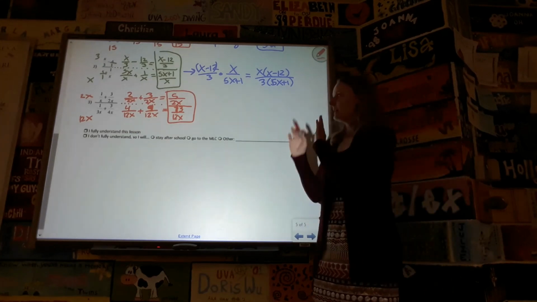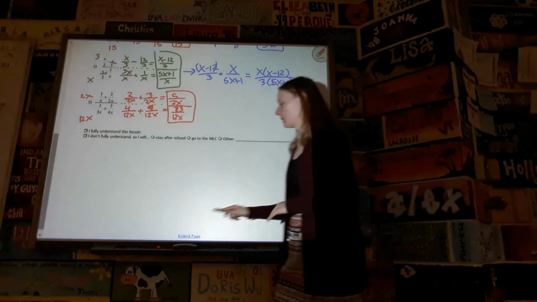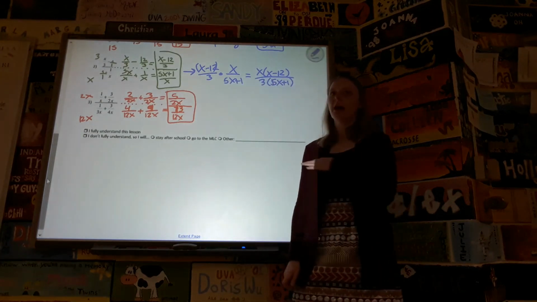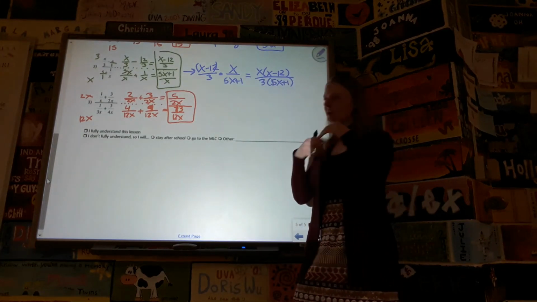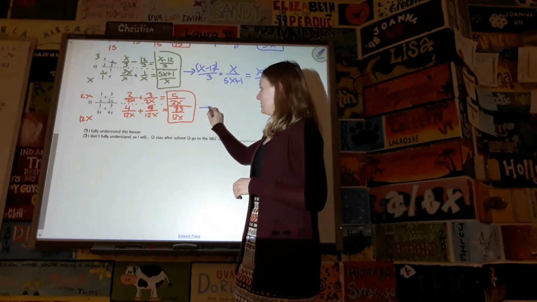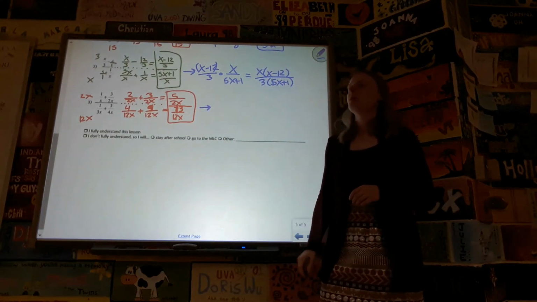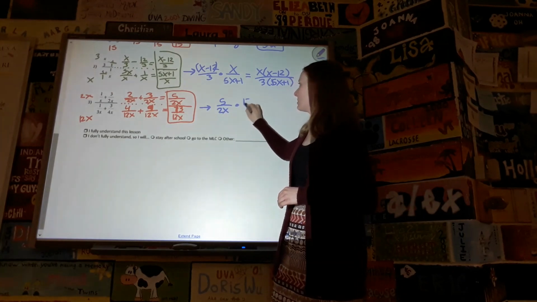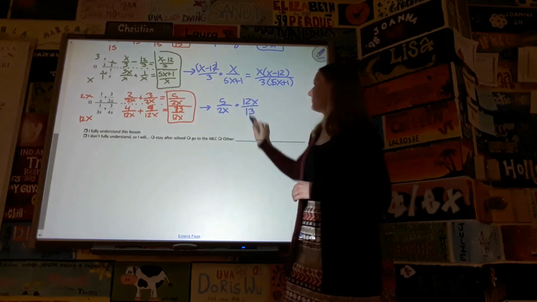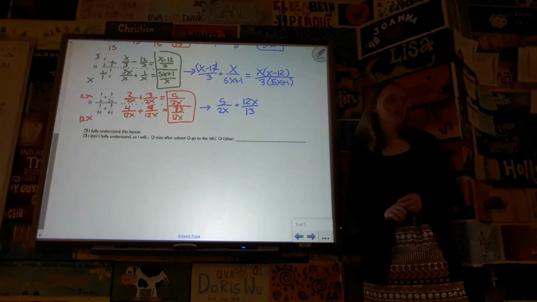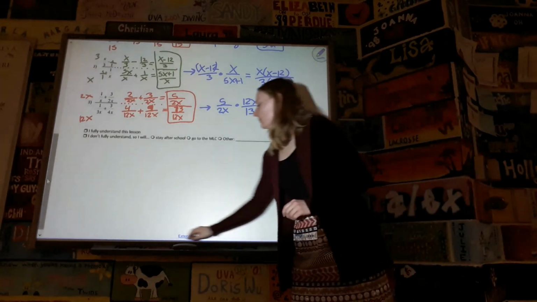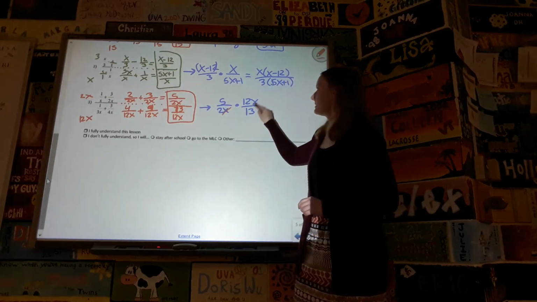Okay, now that we have all that set up, we can do the core operation of this, which is divide, since the two fractions are being divided. So what idea do you use for division? Keep, change, flip. I can cancel out the x's.